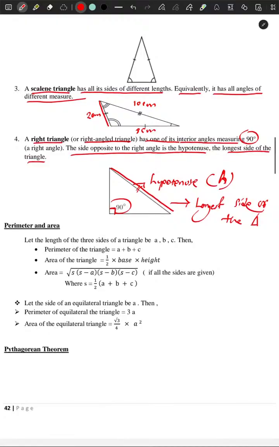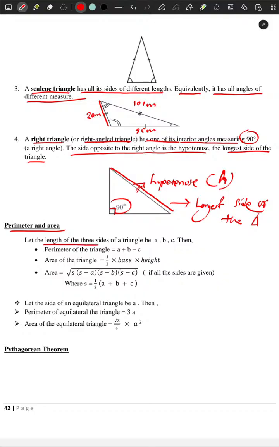Perimeter and area. Formula of perimeter and area of a triangle: let us understand from the example.